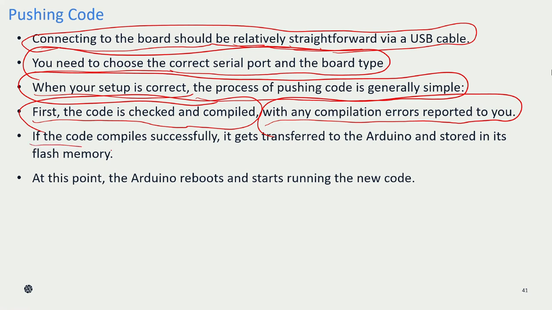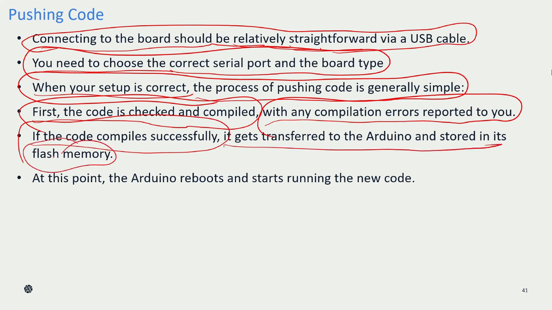If the code completes successfully, if everything is correct, that means you have done the correction. Then your output will be successfully completed and it gets transferred to the Arduino and stored in the flash memory.